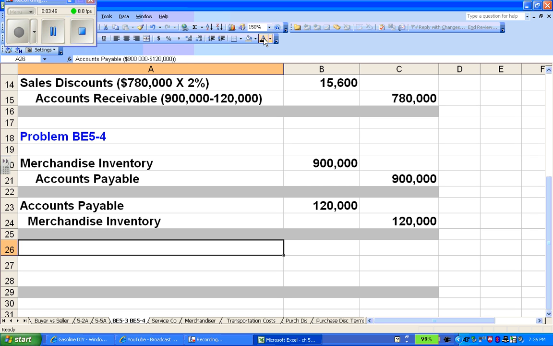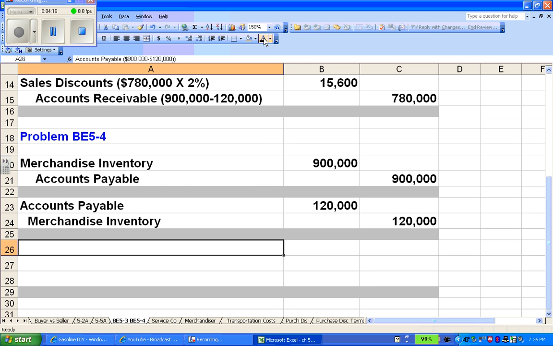If I was the seller and we're giving a customer a sales discount, you're going to record that as sales discount. As the purchaser, on the other hand, if I'm taking advantage of a discount and paying on time to get that discount, then I want to reflect that as a reduction in my inventory.